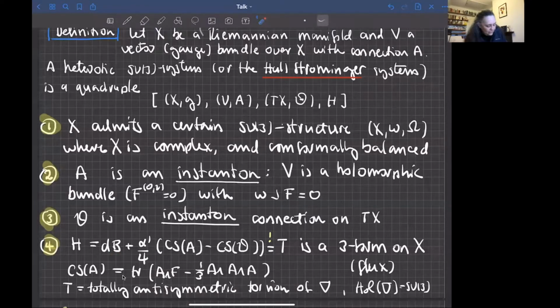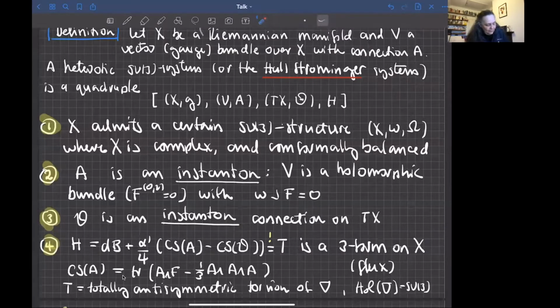So if you perform a gauge transformation on the connection, on your gauge fields, then this is not invariant, and therefore this is not invariant either. But H is a 3-form. The whole thing is invariant under gauge transformations.